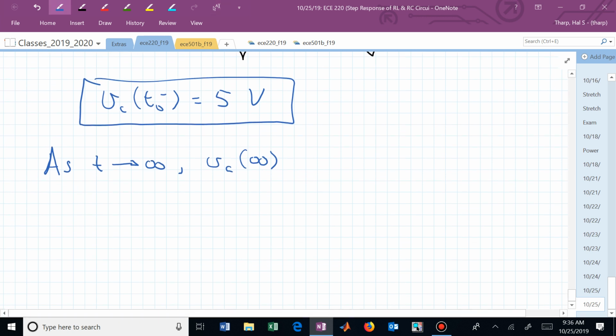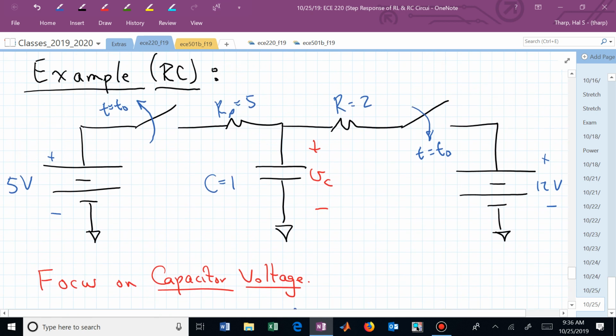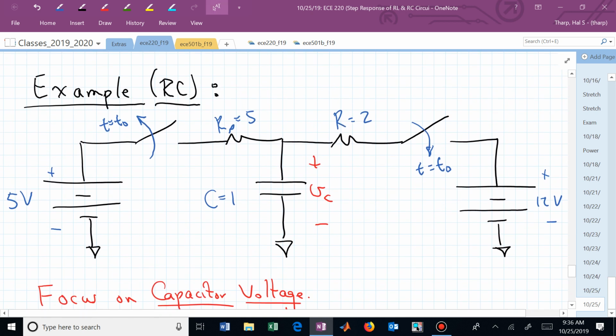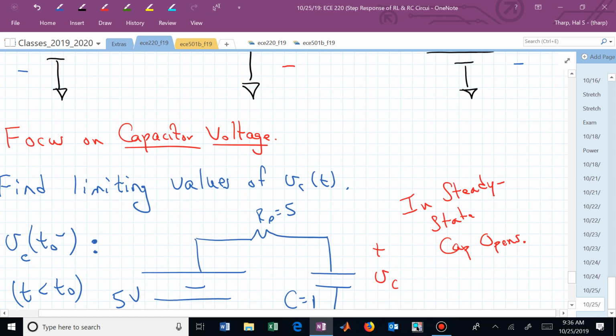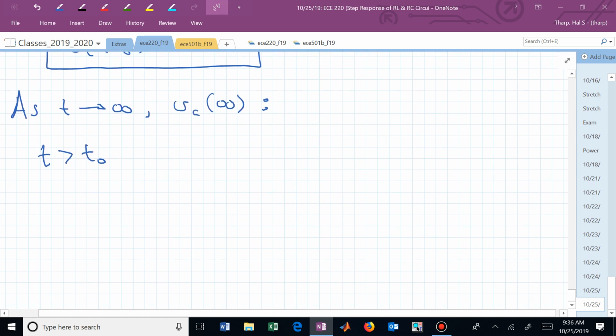At this condition, for t greater than or equal to t0, now we're on the right side of our circuit. We have a capacitor, same capacitor, a resistor, but now a different source.